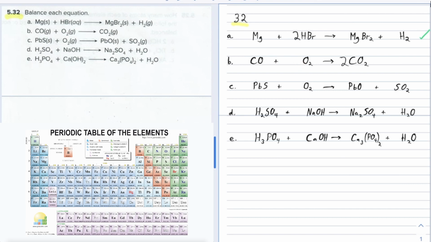Okay, the carbons are fixed. If we try to balance the oxygens by putting a 2 over there, that messes up the carbons, and it doesn't even the oxygens.